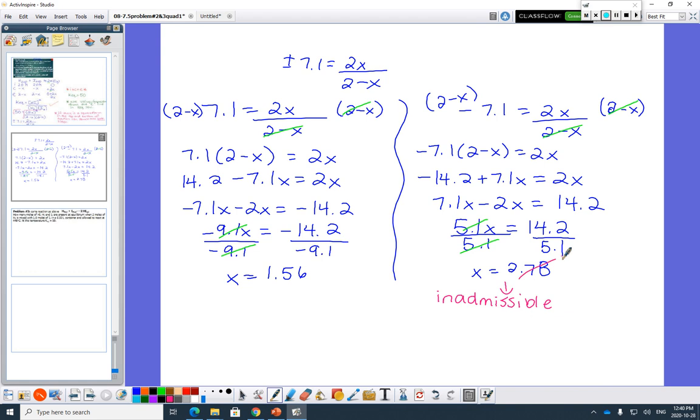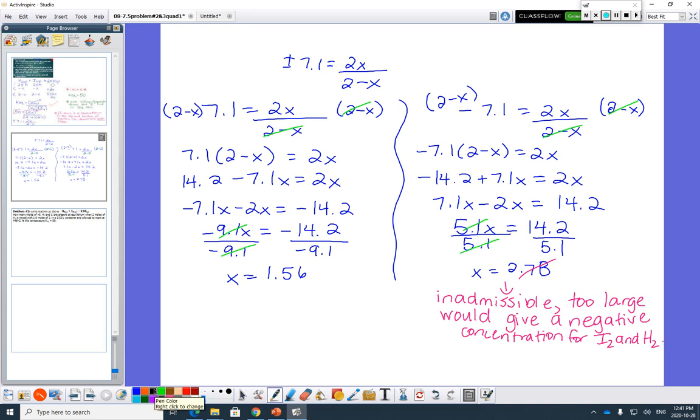You could just cross it out if you wanted to. So this is the x value we're going to use.